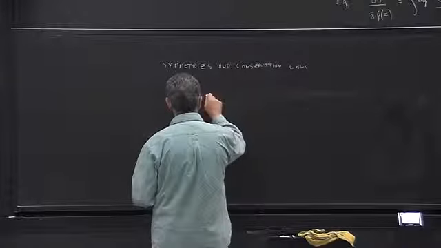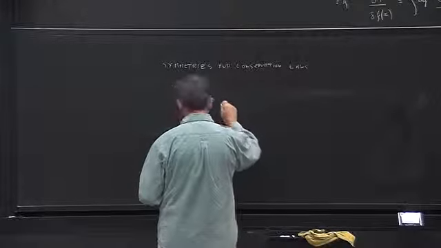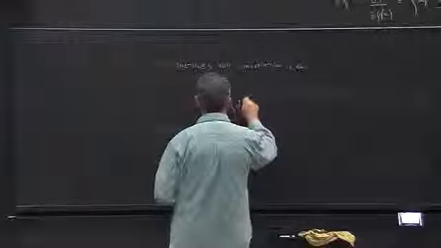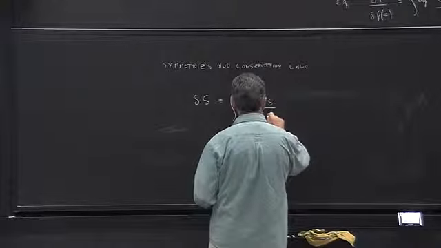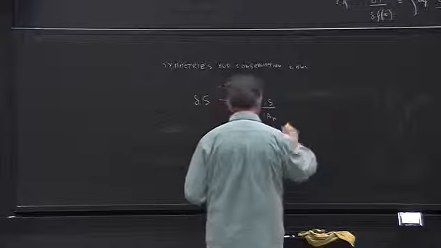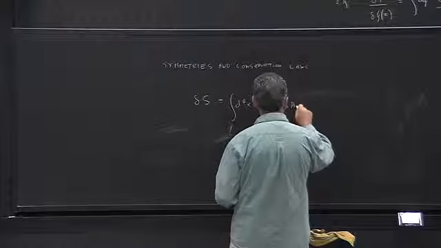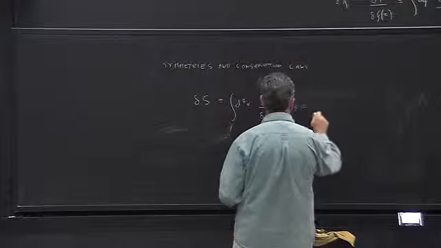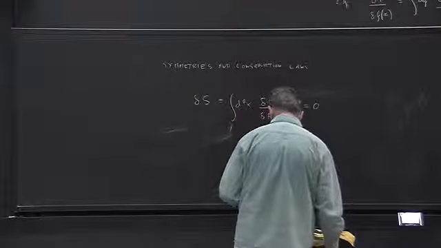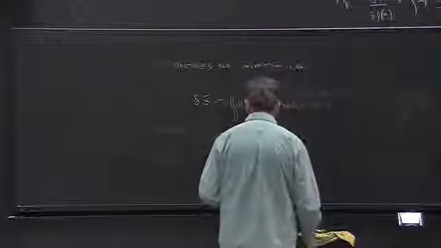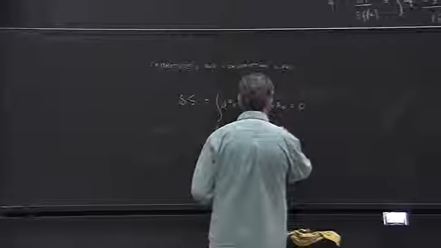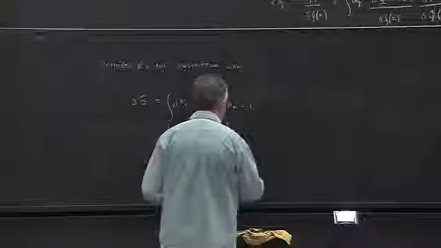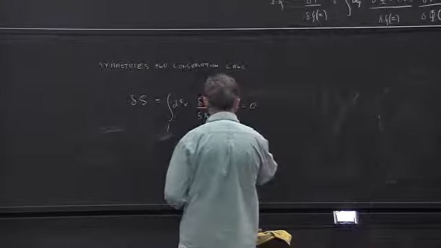Let's look at the example we've just looked at. Delta S over delta A mu equals 0. Let's look at the case where delta A mu is a gauge transformation.